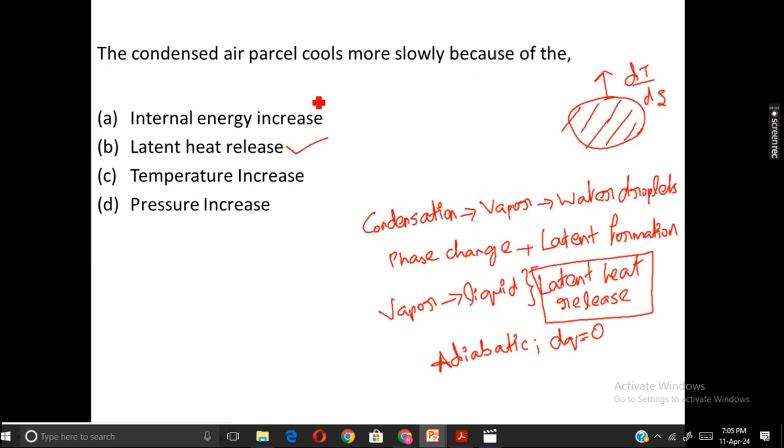As the parcel is going up, it will encounter the decrease in temperature with respect to height. But in the case of a condensed air parcel, there is this vapor to water conversion happening within the system, and there is a latent heat release. So this latent heat release will partly compensate the decrease in temperature that is happening due to the vertical movement of the parcel. So the answer is latent heat release. Because of this, the condensed air parcel cools more slowly compared to dry air.